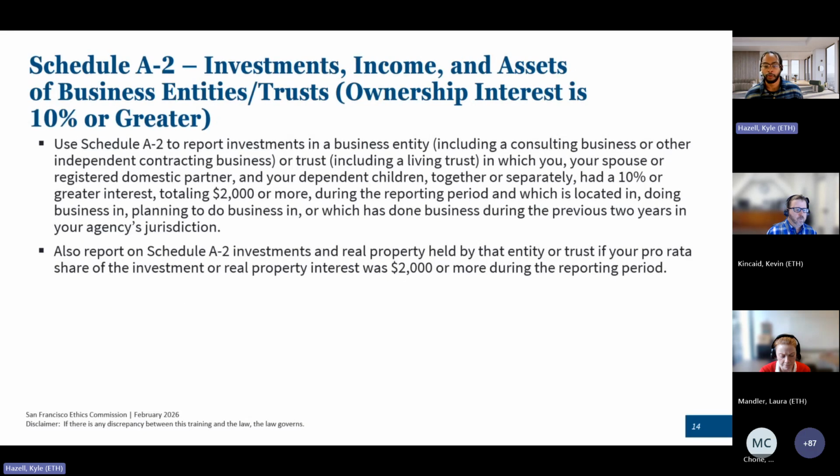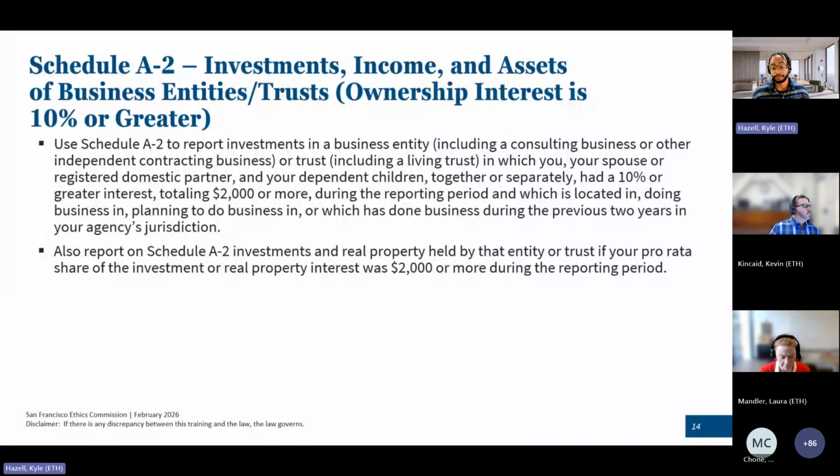So moving on to Schedule A2. This is used when your spouse or registered domestic partner or your dependent children, either together or separately, own 10% or more of a business entity or trust. This includes business entities such as consulting businesses, independent contracting businesses, and trusts, including living trusts as well.